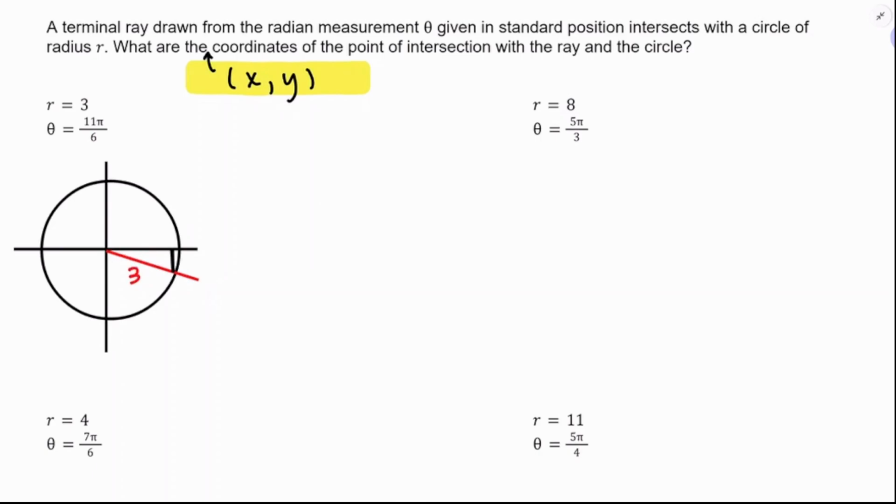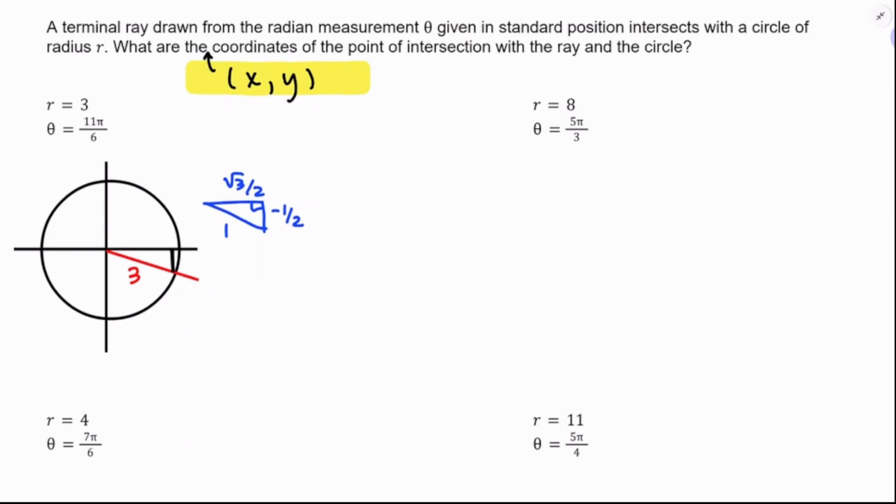Now I'm going to go off to the side, and I'm going to draw another reference triangle, this one with hypotenuse 1. And this is going to be the unit circle equivalent. And I asked myself, what did I scale up the blue triangle by to get to the black and red triangle? That would be 3. Okay, so what's going to happen is, I multiply the respective sides by 3 to get the new triangle.